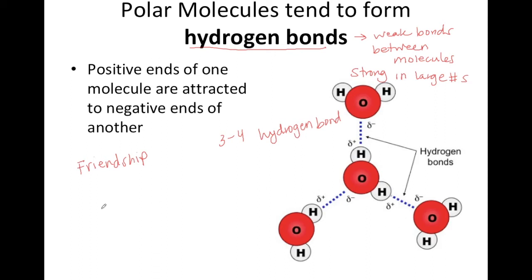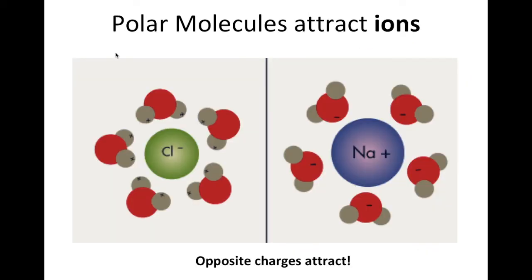And because of that, it is strong in numbers. So that's a way to remember it. The hydrogen bond on its own is pretty weak, but it's strong in numbers, and you'll see hydrogen bonds play a huge role in molecules again and again and again. So look for those kinds of patterns.